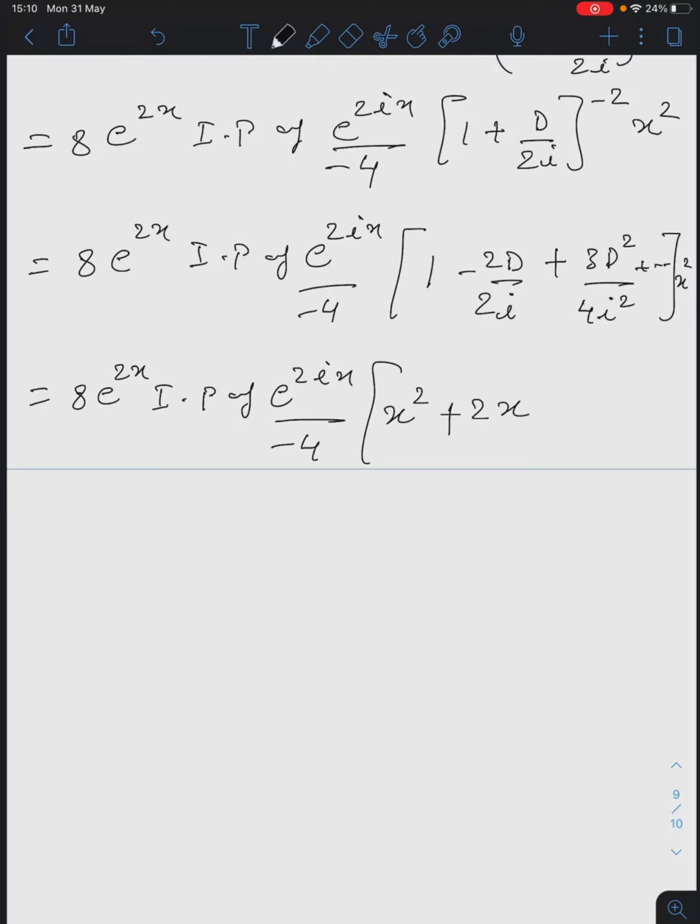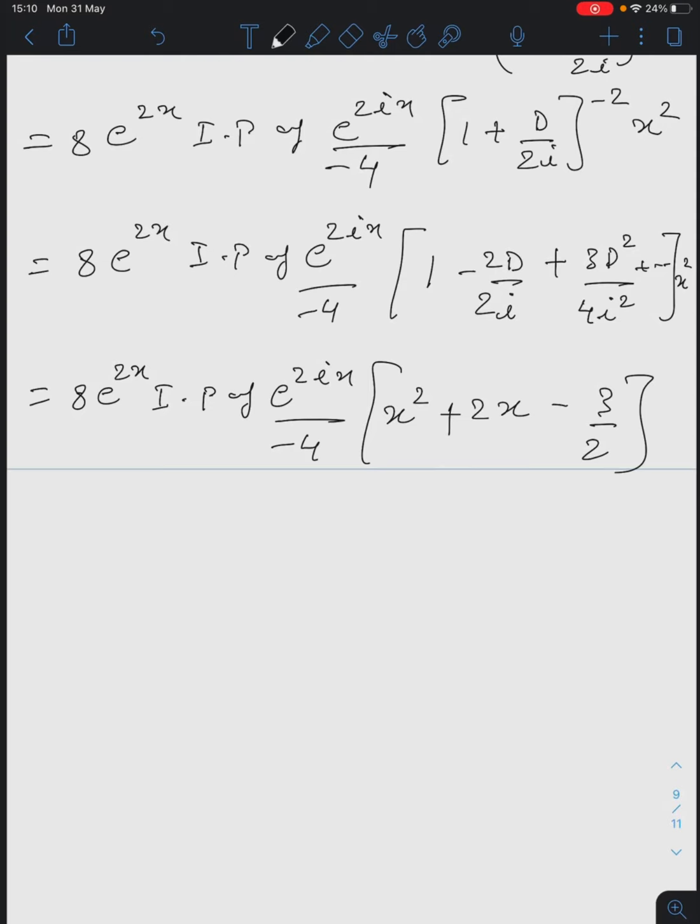Can I write it? Yes, ma'am. Then again, I have this thing, 3 by 4. i square will be again minus 1. So minus 3 by 4 I will get. And when I differentiate 2x again, I'll get 2. So 3 by 2 I will get. This much only I will get. Is it correct?